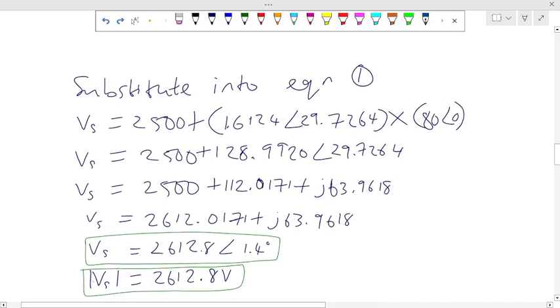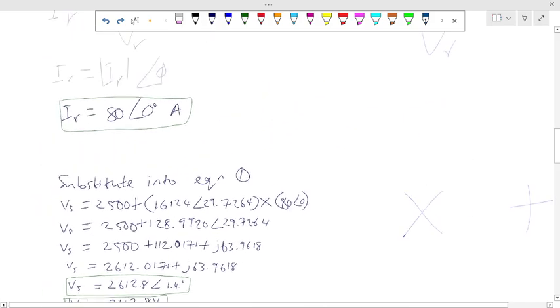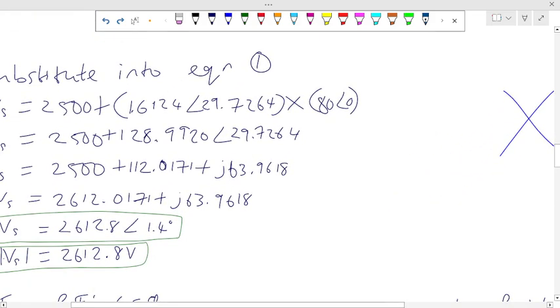To change this to rectangular form, it's just like what we did to the impedance, the reverse.